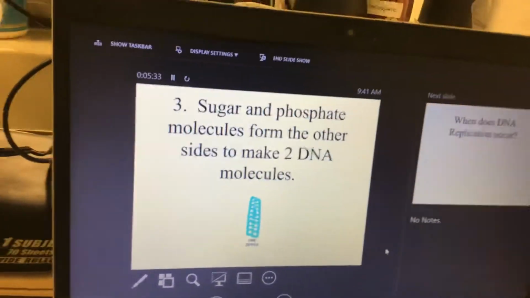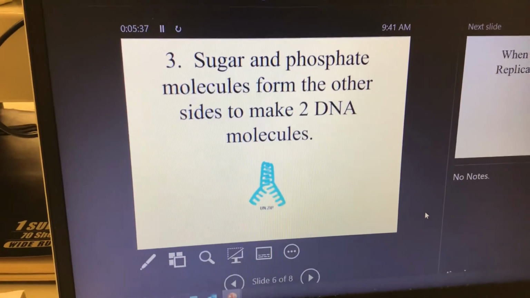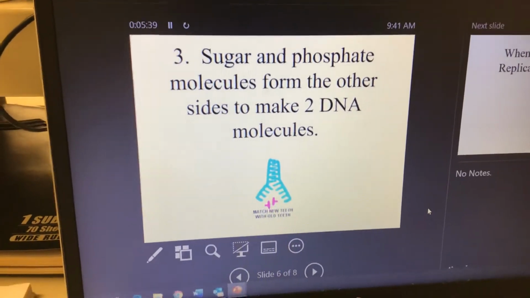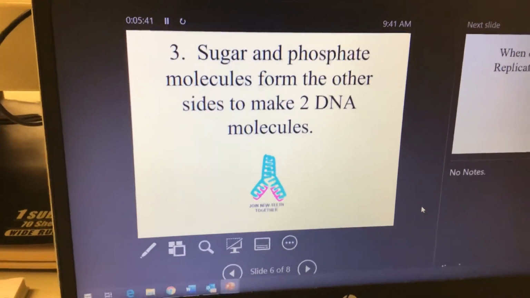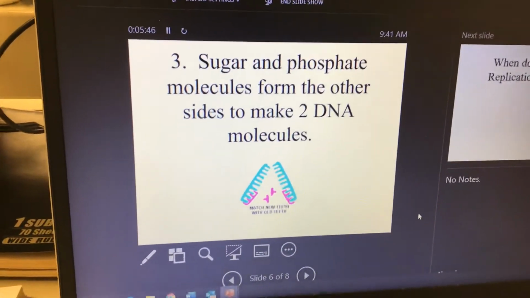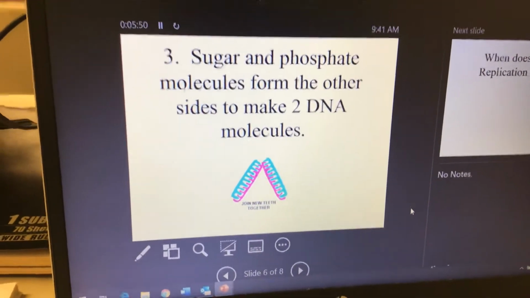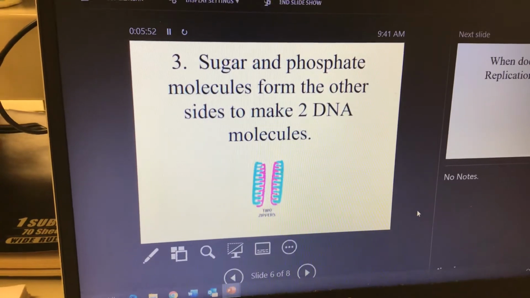Hopefully that makes sense. We're back here, going on. Sugar and phosphate molecules form the other sides to make 2 DNA molecules. So basically there's extra sugar and extra phosphate. That'd be the sides of the ladder and the bolts to put that bad boy together. And that's kind of a cool little animation there.